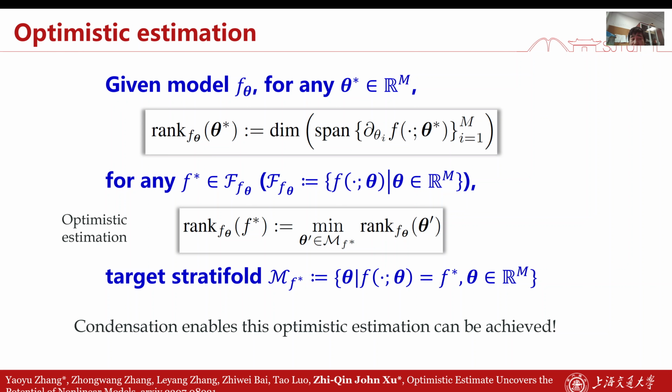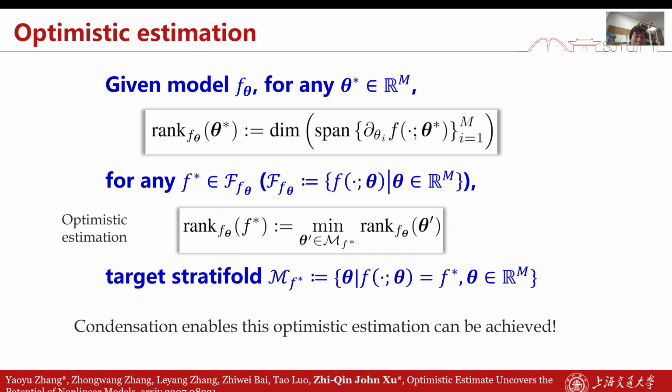This is not easy to understand because this number is related to the target function, and it is also related to your model space. That is very natural because the generalization should connect to your target function and also to your model function. There could be a lot of global minima, and each should have a different complexity. For the optimistic estimation, we should consider the simplest one, the tangent space whose dimension is the smallest.